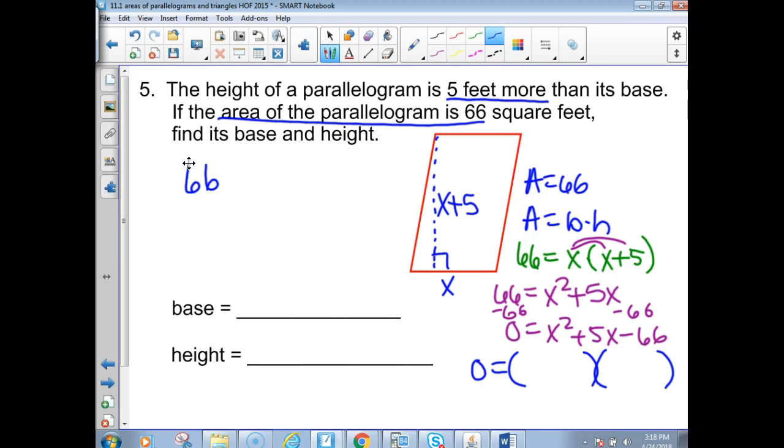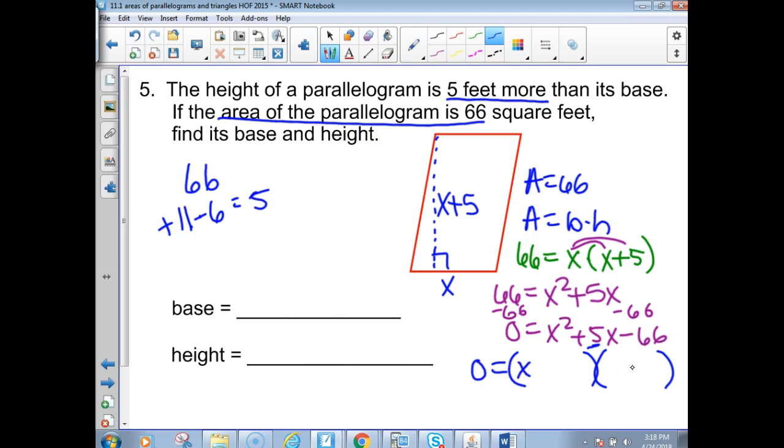Give me some numbers. 11 times 6. Can you make a 5 out of that somehow by adding and subtracting? If you want a positive 5, you'd want the 11 to be positive and the 6 to be negative. If you do 11 minus 6, wouldn't you get 5? Okay, so the middle number here is a 5.